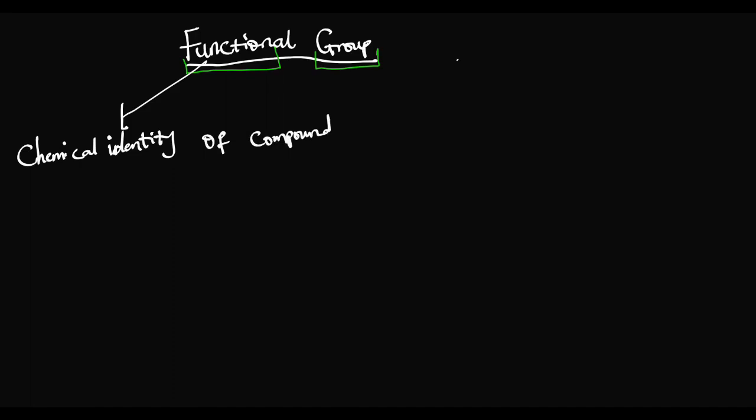Do you get? It's simply a term used to identify organic compounds and differentiate between two or more organic compounds. Is that clear? So the different functional groups constitute different homologous series.